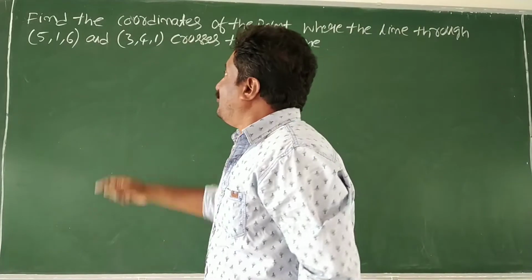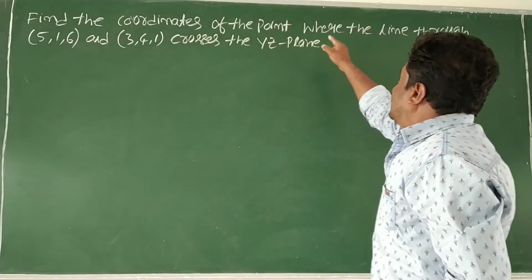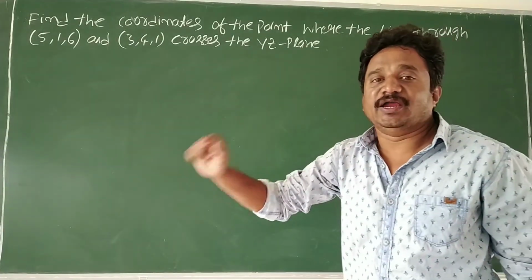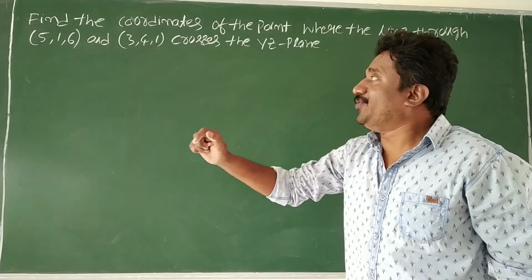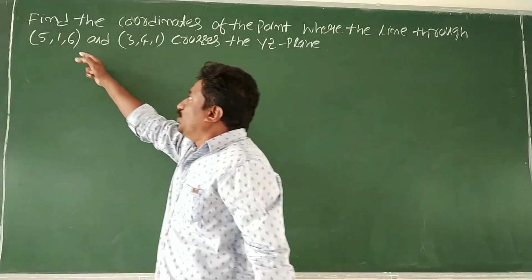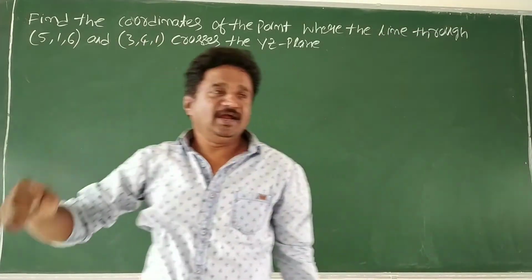Find the coordinates of the point where the line through the points. First you find out the equation of the line passing through these 2 points, right?